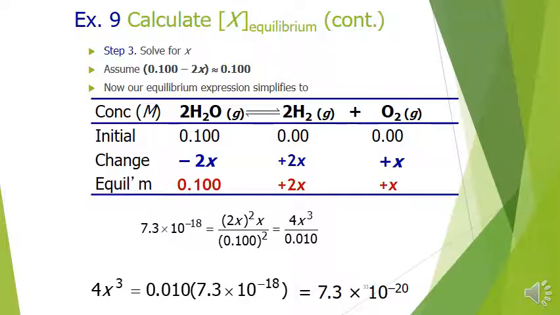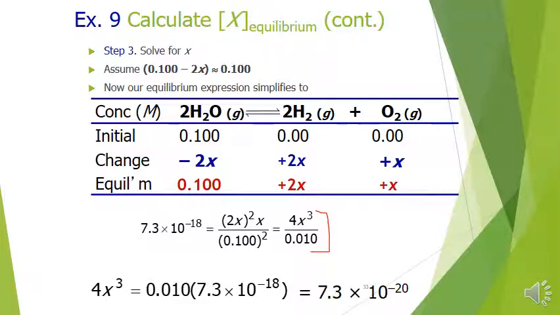So there's our equation right here. Multiply, get rid of that 2x term, and so you get this right here.